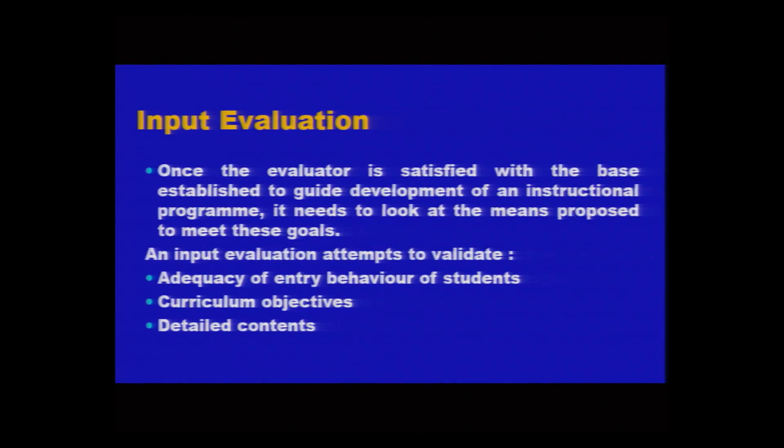In input evaluation, we try to validate adequacy of entry behavior of students. When we talk about graduation, then students are 10 plus 2, and when we talk about diploma holders, then students are 10 plus. Whether their knowledge is sufficient when they will be admitted to the degree or diploma program, because in 10 plus 2 they must be having some physics, chemistry, math.